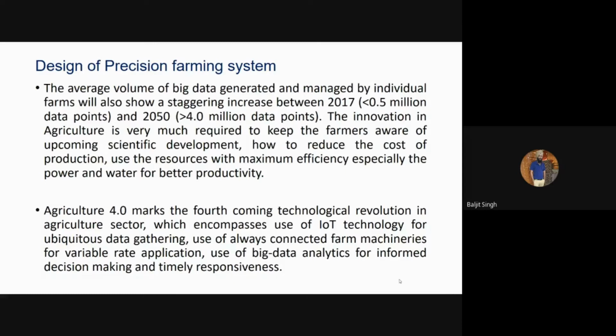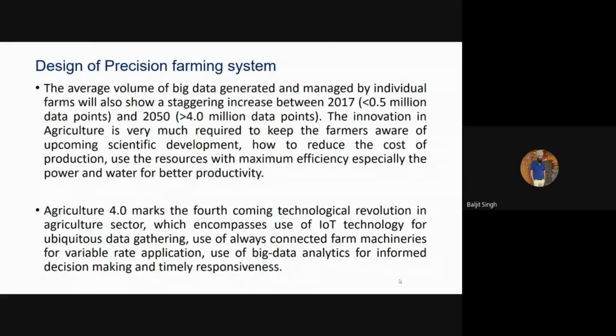Agriculture 4.0. Industry 4.0, you might have heard many times. Industry 4.0 means machine controlling machine. So agriculture 4.0 also refers to something like that. It marks the fourth coming technological revolution in the agricultural sector, which encompasses use of IoT technology for ubiquitous data gathering.